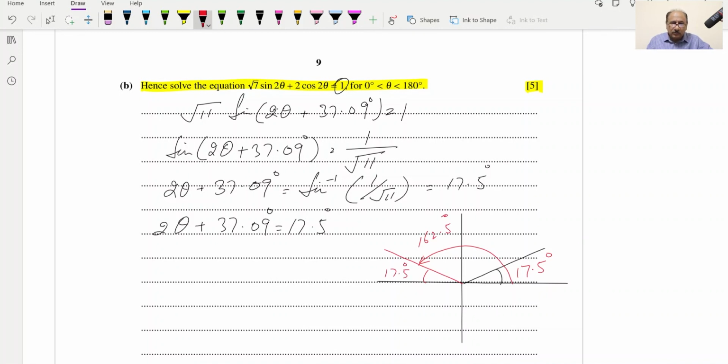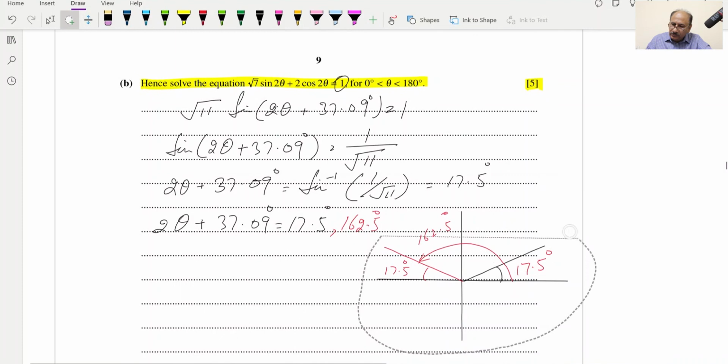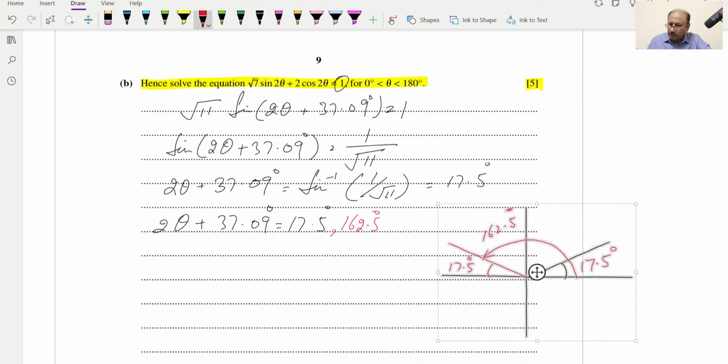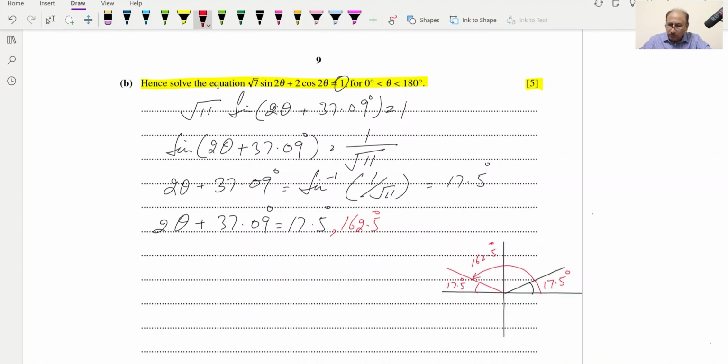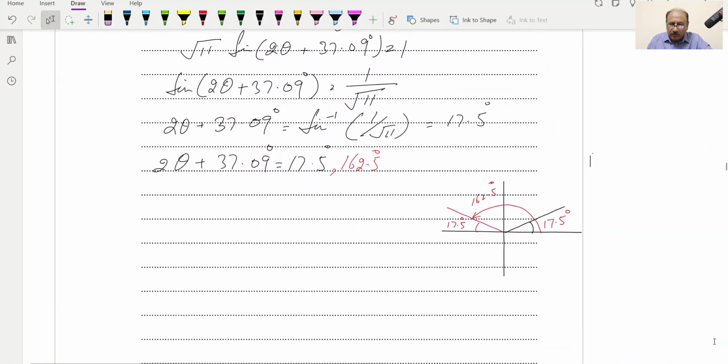So for 17.5 we got two angles. One is 17.5 and the other angle which we got is 162.5 degrees. Now we will just move this diagram a little away so that it should not be confusing for you, and I'll shrink it also. Okay, so these are the two angles.